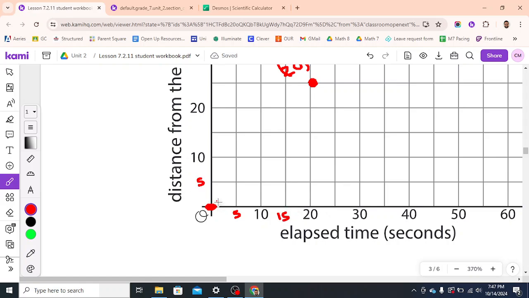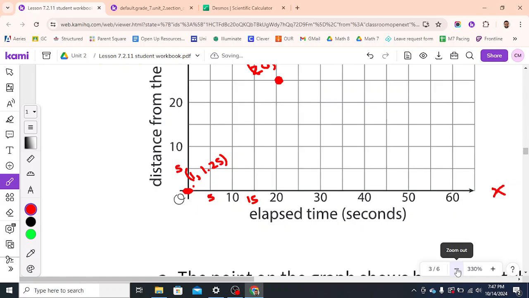So that little tiny dot that I did, you're probably going to do it with your pencil as well. That's what they're really talking about. So let's put (1, 1.25). I can even make that dot significantly larger because it's not a true representation of it. But that's all right.